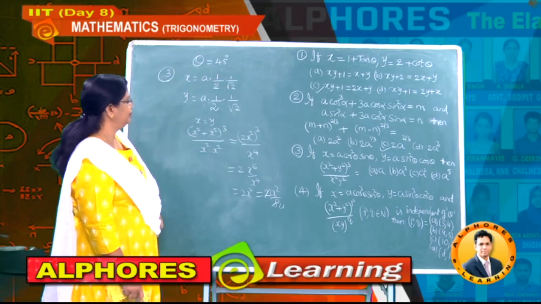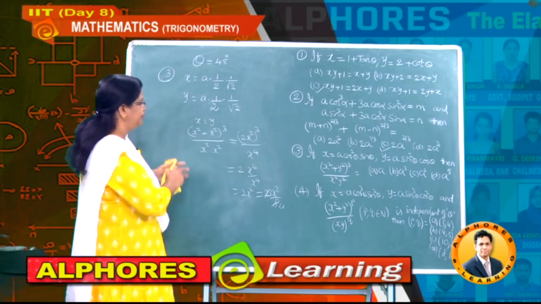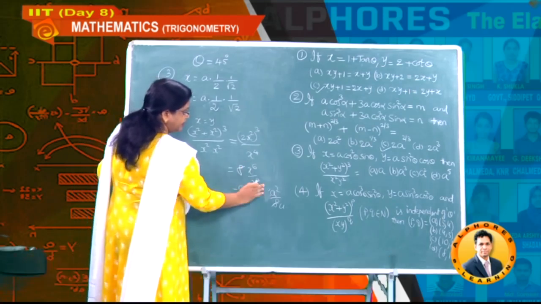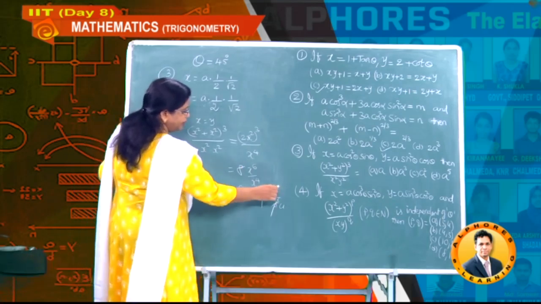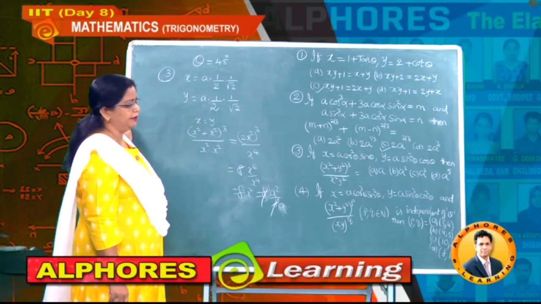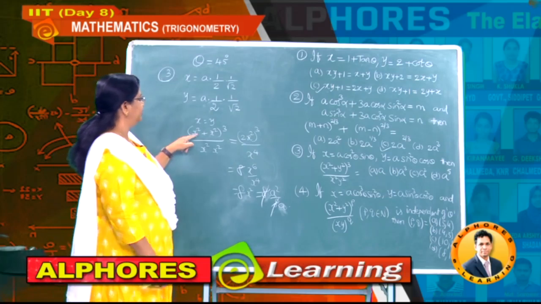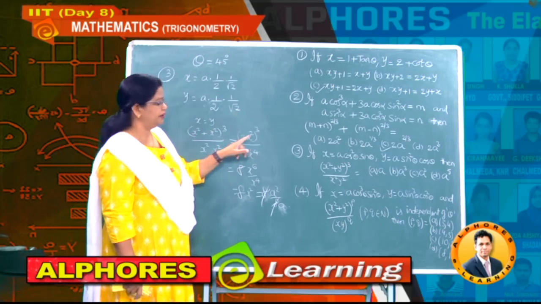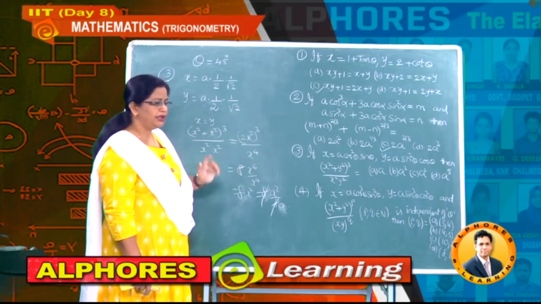Then finally, how much did you get here? This is 2 cube, sorry, this is 8 here and this one is 8 and this is 8, students. So cancel. So finally, what answer did I get? It is equal to a. Got it? Now here, if you substitute 2 cube, that is nothing but 8, x to the power of 6 by x to the power of 4.